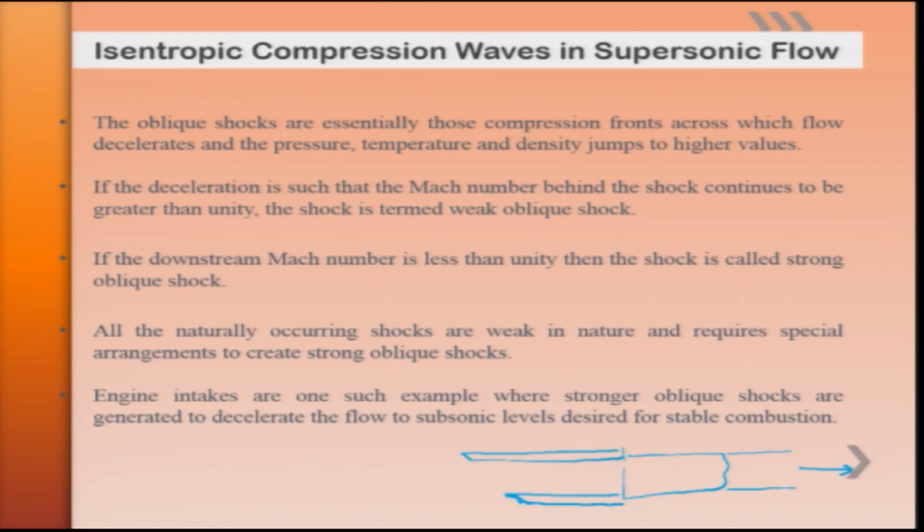What happens there when, for example, the incoming Mach number is 4? The air entering the inlet requires proper compression, so that it is compressed first and can then enter the combustion chamber for stable combustion.